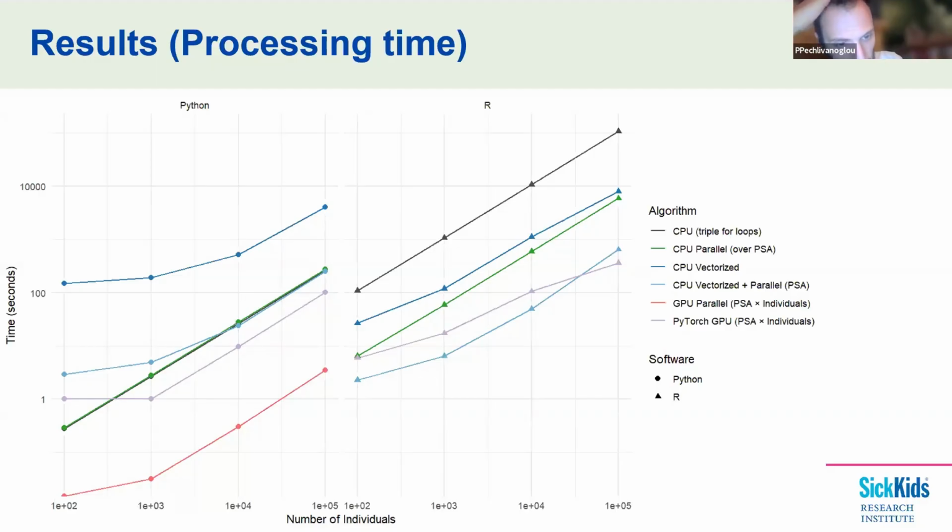And you can see it's on a logarithmic time scale. Starting from the top, you have a vectorized CPU approach, going down through a vectorized and parallelized, or a simply parallelized approach in Python, and then further lower using a PyTorch GPU, which is like using the GPU directly from within Python.